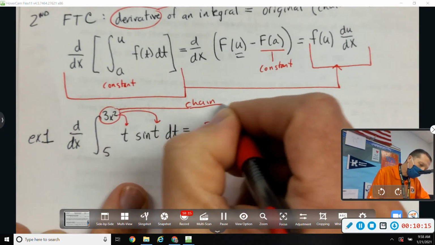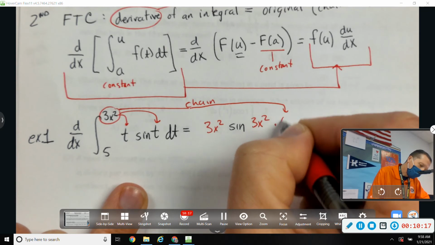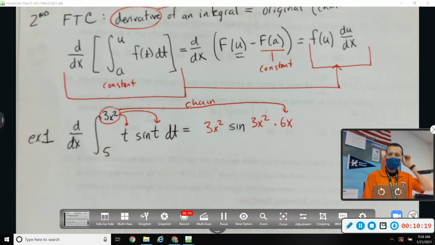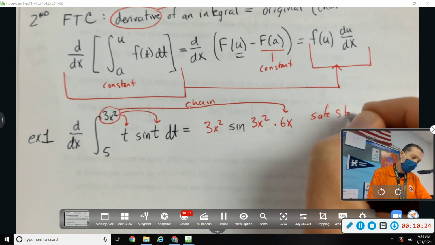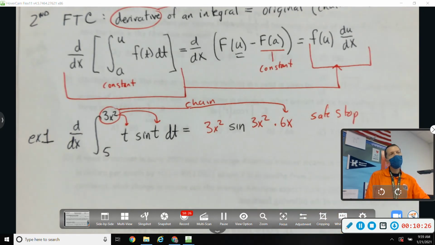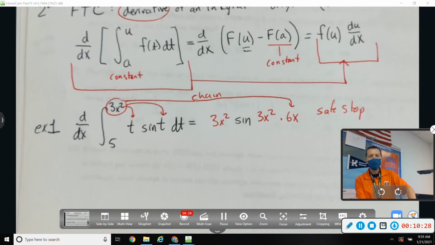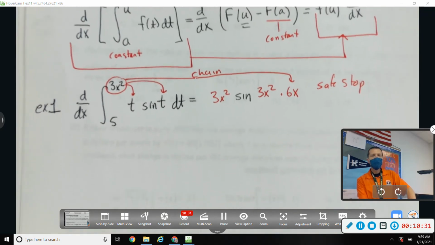So the chain rule from 3x squared is 6x. And yeah, we could clean that up if we wanted to, but we're really embracing this safe stop thing and just leave it alone. Safe stop that.